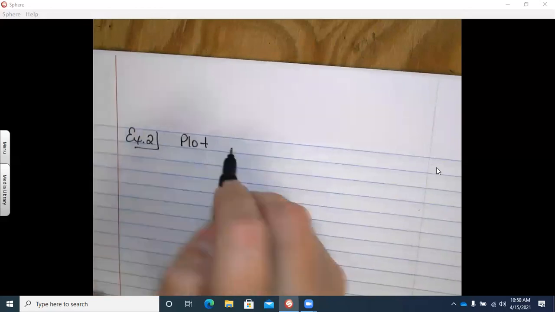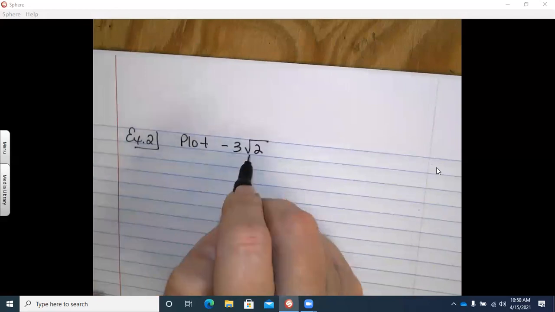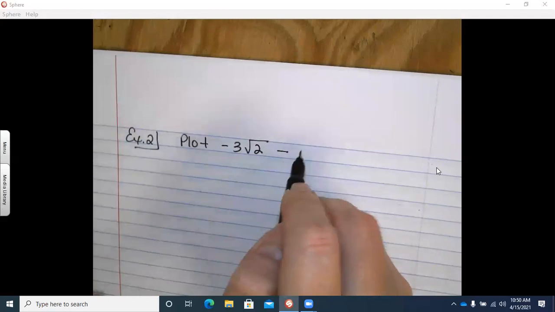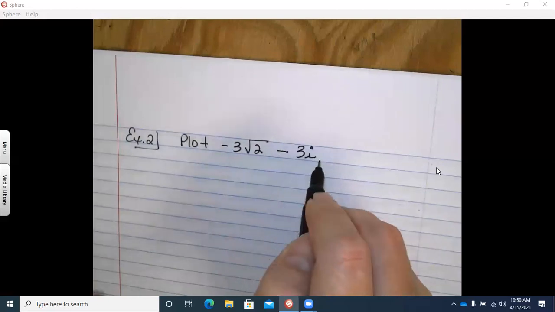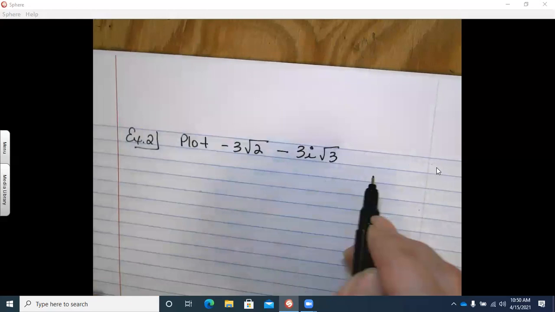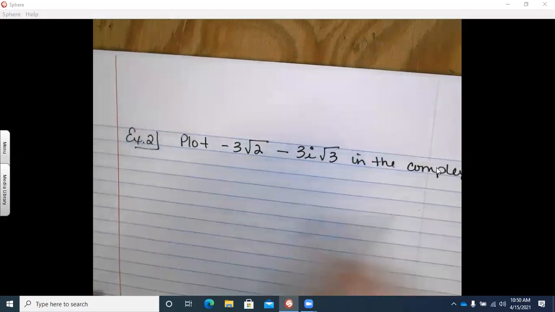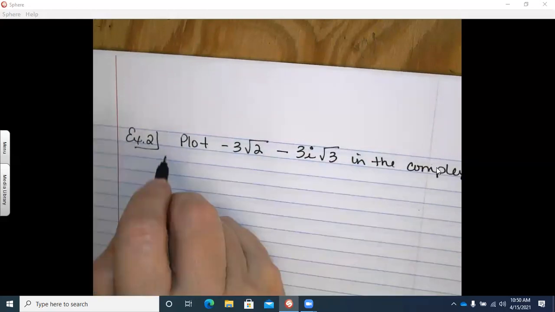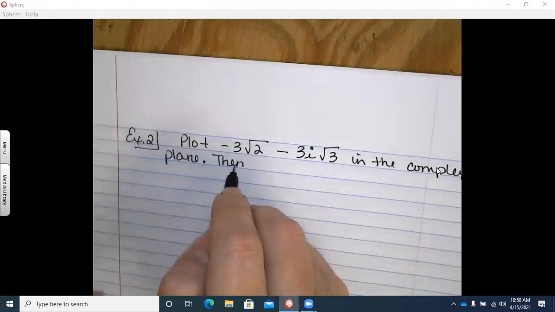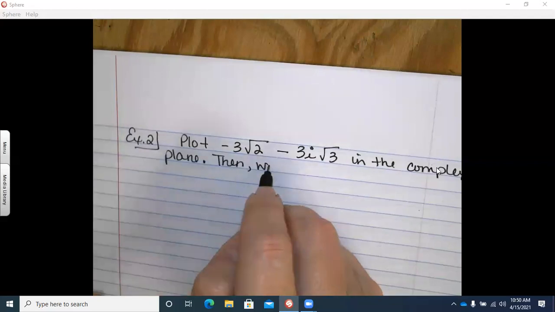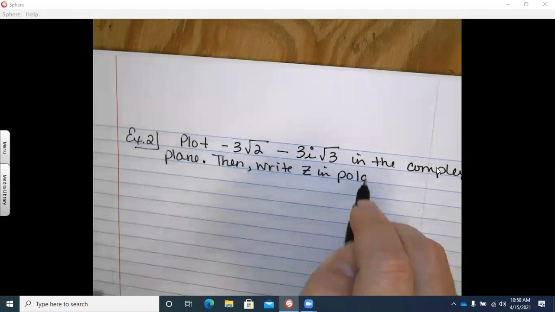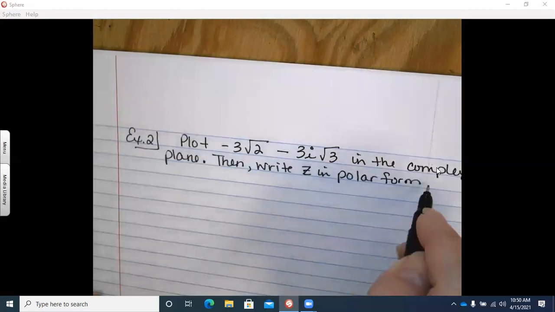Plot -3 times the square root of 2 minus 3i times the square root of 3 in the complex plane, then write Z in polar form. Express the argument in radians and degrees.